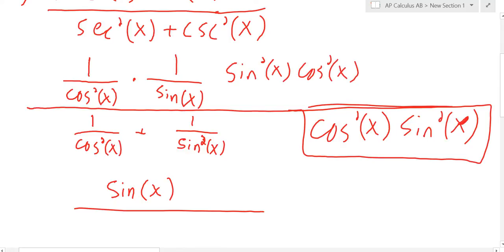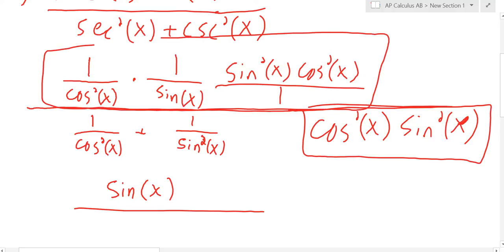That's it. This is all over 1 technically, so we have to multiply all 4 of these things. But anything up top will cancel with anything down the bottom as long as it's all multiplication and division. So that's why the cosine squareds just cancel, and the sine will cancel out one of these sines. So the only thing left up there is 1 sine of x.